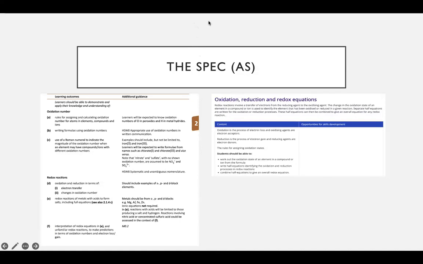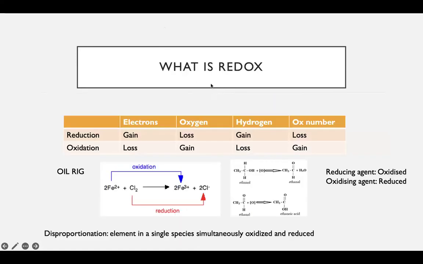We want to consider what oxidation states are, what the definitions of reduction and oxidation are, and how to balance redox half equations and redox equations. We are going to cover batteries and EMFs, by the way. Someone asked that in the chat. That's in electrochemistry, the final third of this presentation. But let's make a start on the AS level stuff.